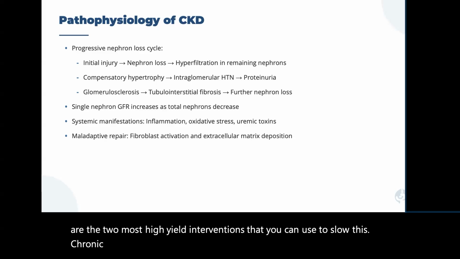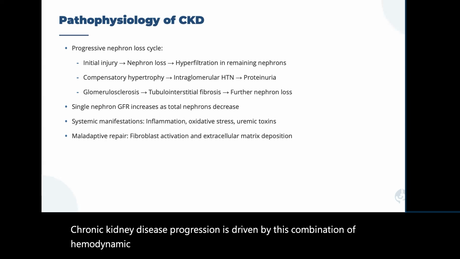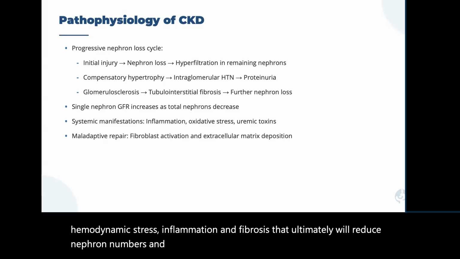Chronic kidney disease progression is driven by this combination of hemodynamic stress, inflammation, and fibrosis that ultimately will reduce nephron numbers and function over time.